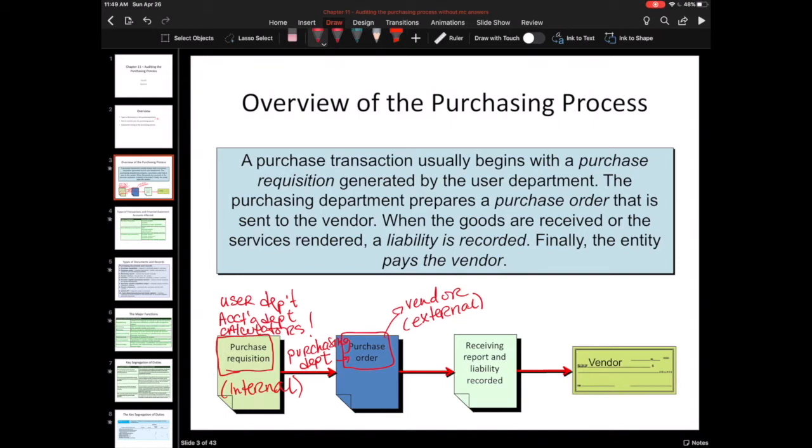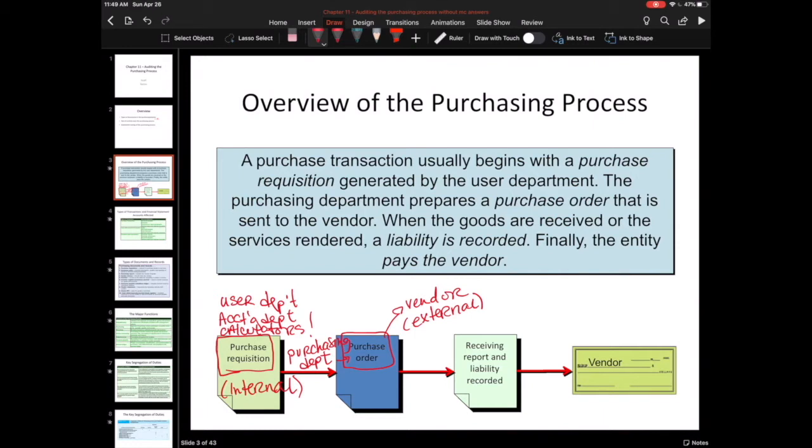From the vendor's perspective, they turn that purchase order into a customer order, right? And they're going to go through the process of shipping the goods out and invoicing the customer and so on and so forth. So the vendor ships the goods out, and then they're eventually going to be received by the purchaser, which today we're from the purchaser's perspective.